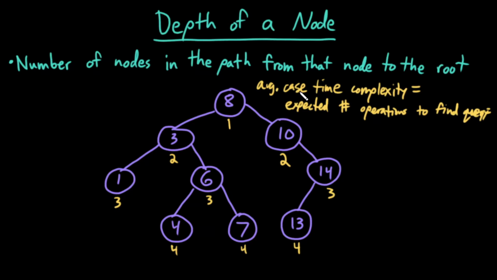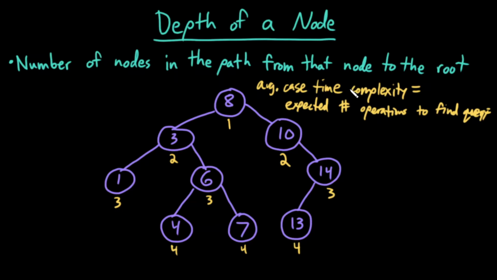So let's say one operation is one comparison. Let's say I was looking for the number 3. I would compare 3 with 8. Oh, 3 is less than 8. Let me go left. I would compare 3 with 3. Oh, they're equal. I've succeeded. So that would be 2 comparisons.